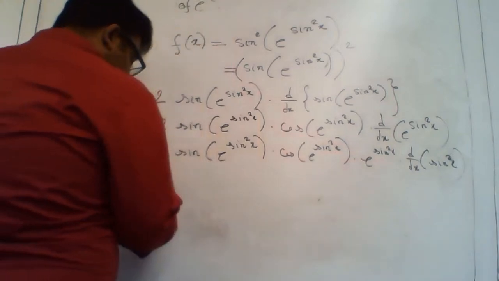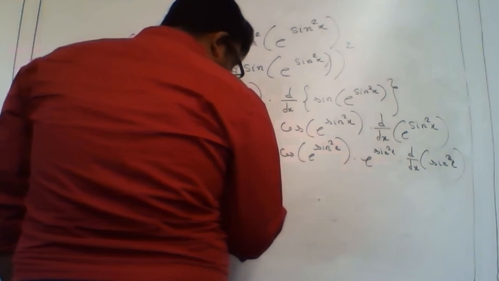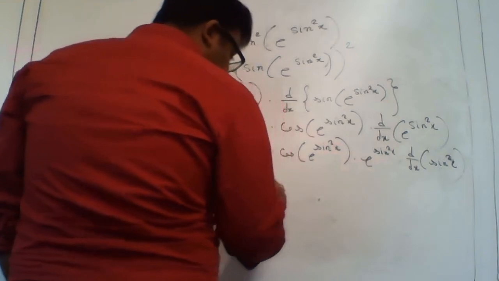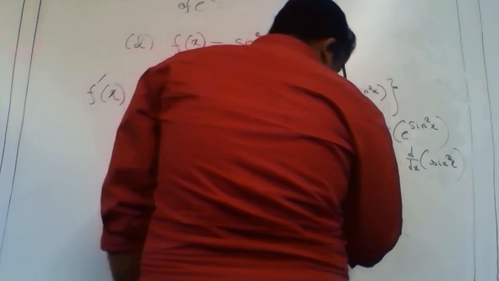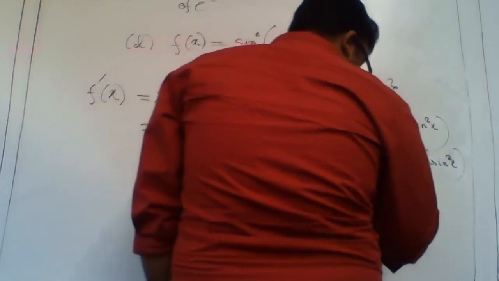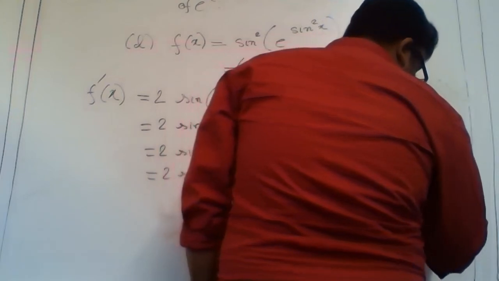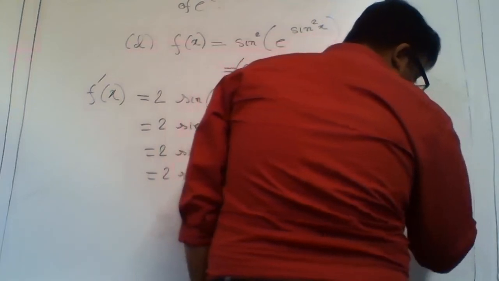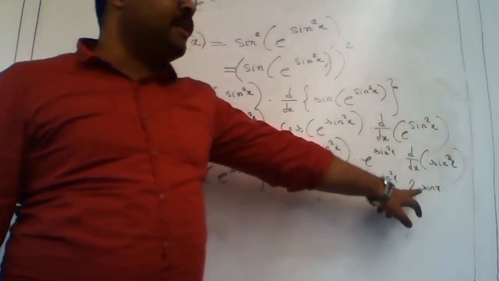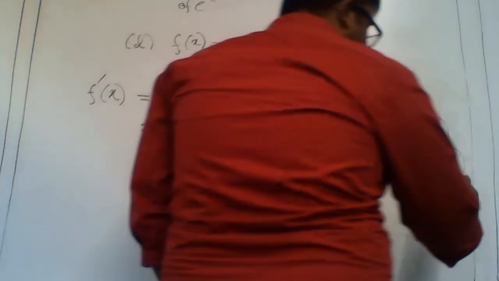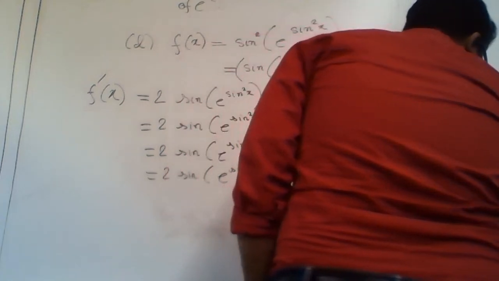So it will be 2 sine of e to the power sine square x times cosine e to the power sine square x times e to the power sine square x times 2 sine x, because the outer function is x square, so the d/dx of x square is 2x, so 2 times sine x times d/dx of sine x, and d/dx of sine x is cosine x.